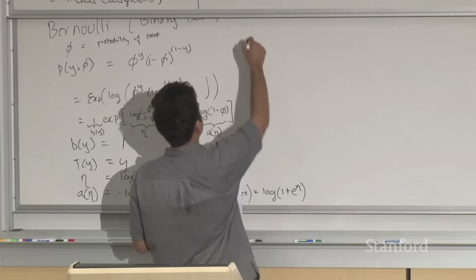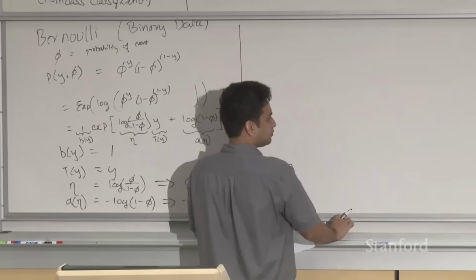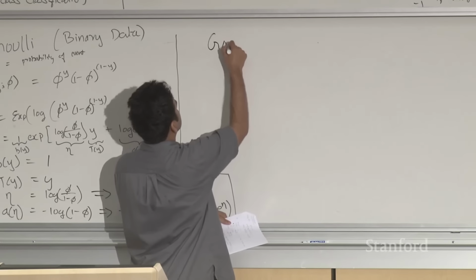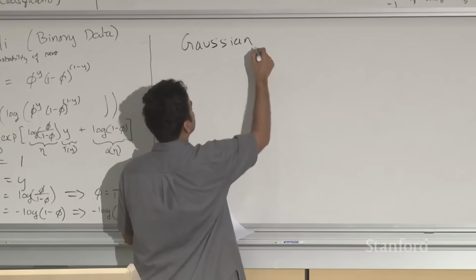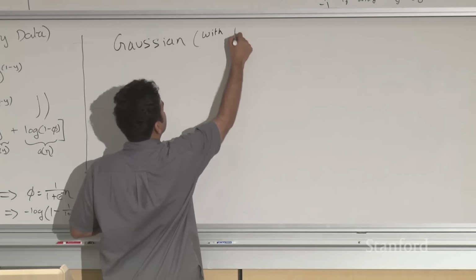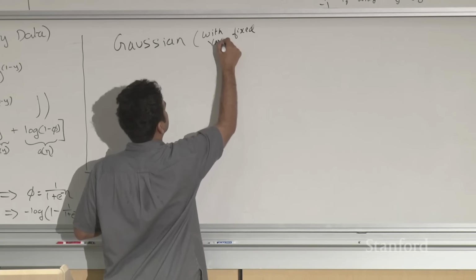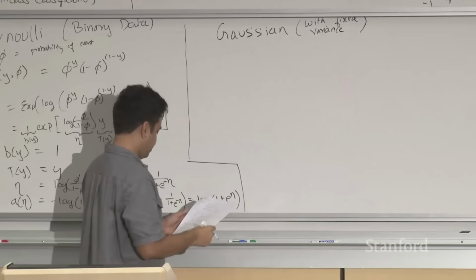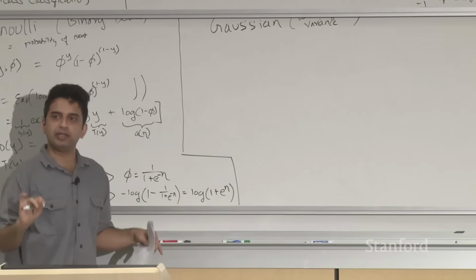So, another example: a Gaussian with fixed variance. A Gaussian distribution has two parameters, the mean and the variance.